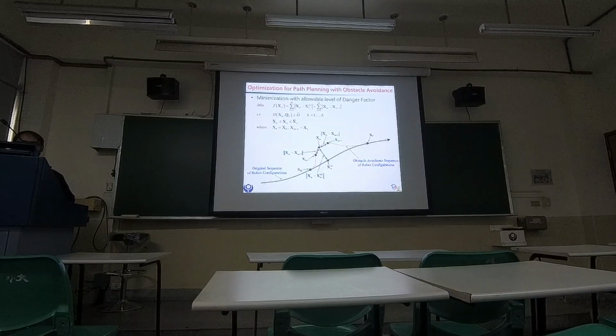So after many calculations, we use minimization with the allowable level of danger factor with xm, and calculate this objective function with that danger factor, with xm and the obstacle coordinates.